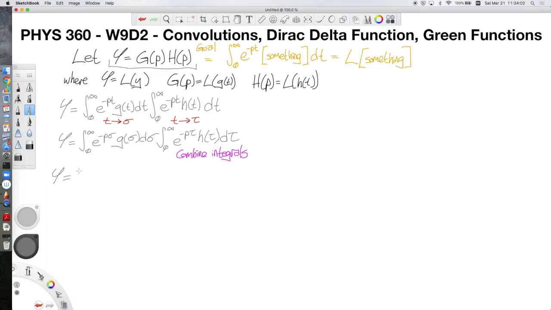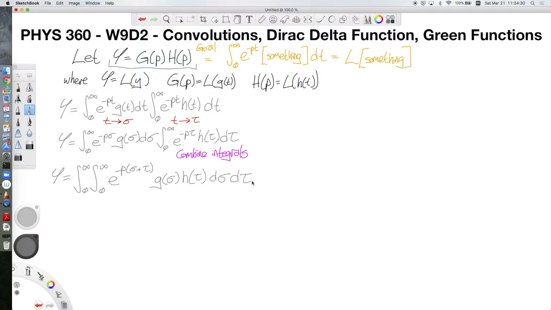So we have the integral from 0 to infinity of the integral from 0 to infinity of e to the minus p, combining our exponential terms, sigma plus tau, times g of sigma times h of tau, d sigma d tau.